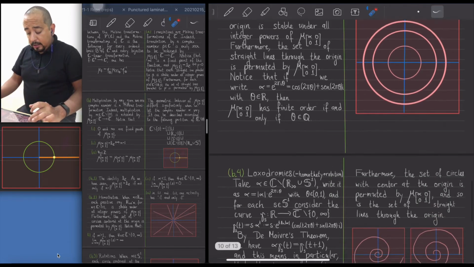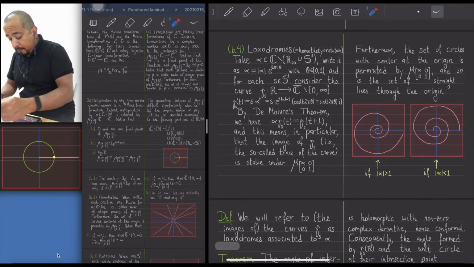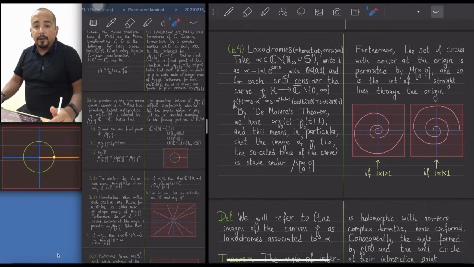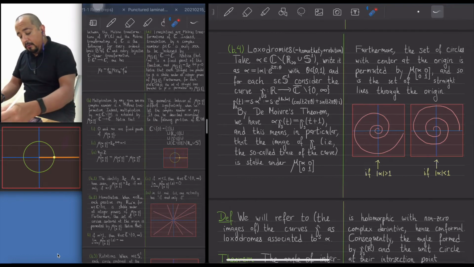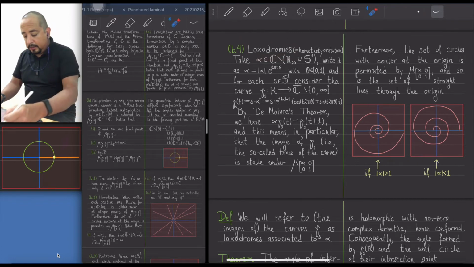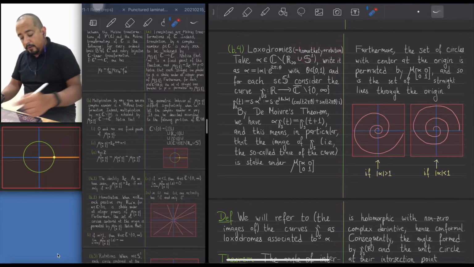Okay, and then the final case, the remaining situations, so the complex numbers that we haven't considered so far. What we are going to obtain are what we call loxodromies, and they are actually a commutative composition of a rotation and a homothety. Just think about it.